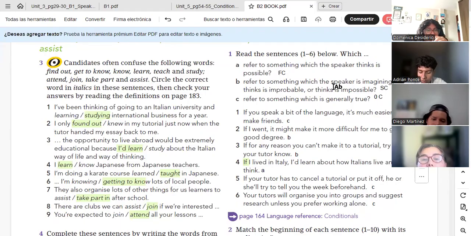Si eso no es real, eso es hipotético, lo imaginamos, que probablemente es imaginario, ¿sí? Es muy poco probable que pase o es imposible que pase. So, second conditional. Past simple and then would plus base form. Pasado simple en la condición y después would más la forma base del verbo.